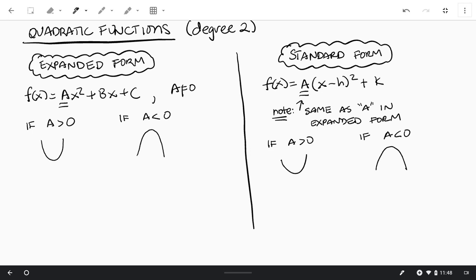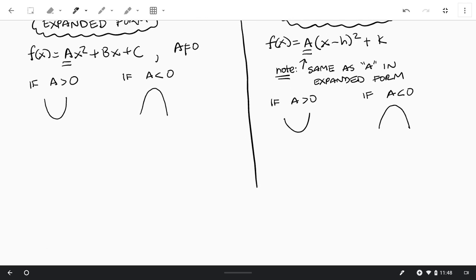All right, so we already said that one of the key points on a parabola is the vertex. So whether we're in expanded form or standard form, we need to be able to find the vertex.